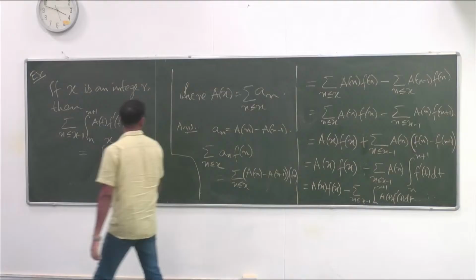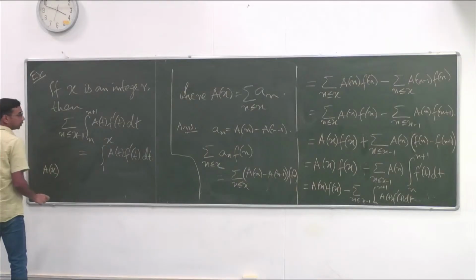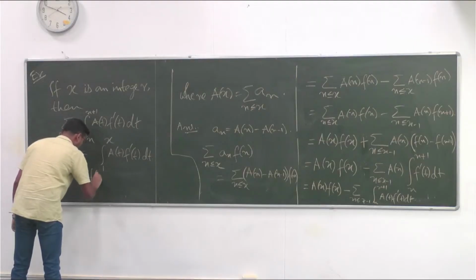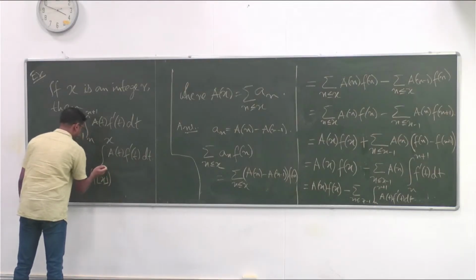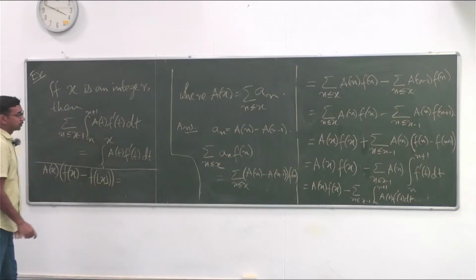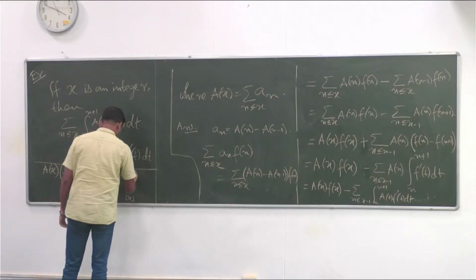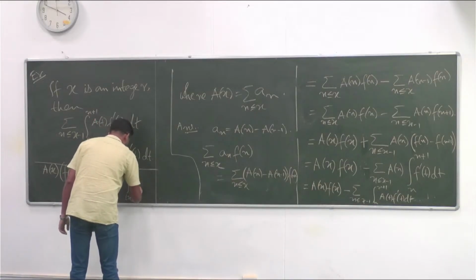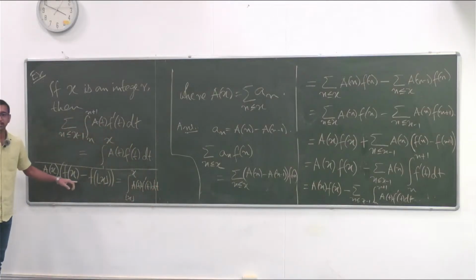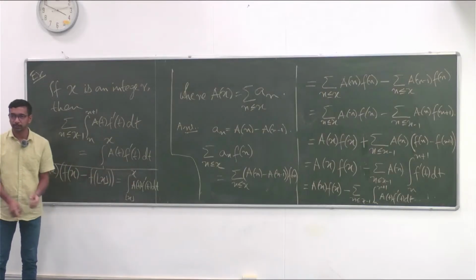And note one thing, that a(x) times f(x) minus f(floor x) is the integral from floor x to x of a(t) f'(t) dt, if x is not an integer, because again this is a step function, so the value of a(t) won't change over this, right?